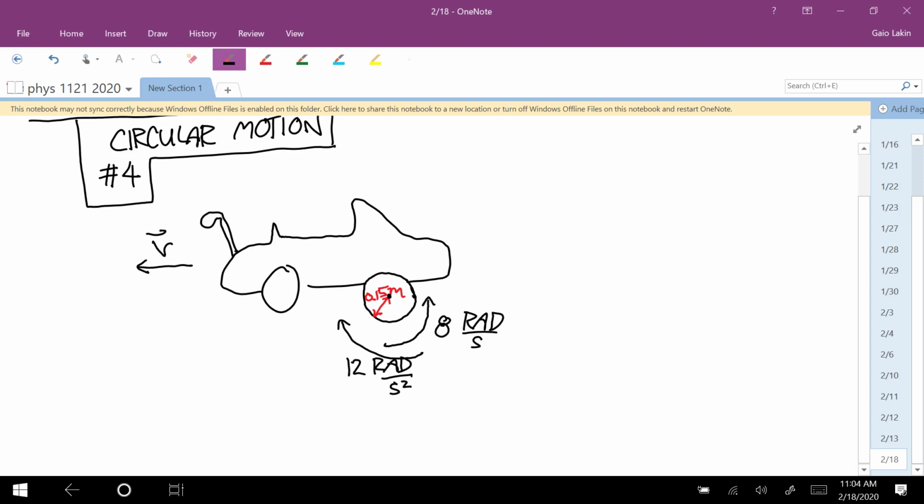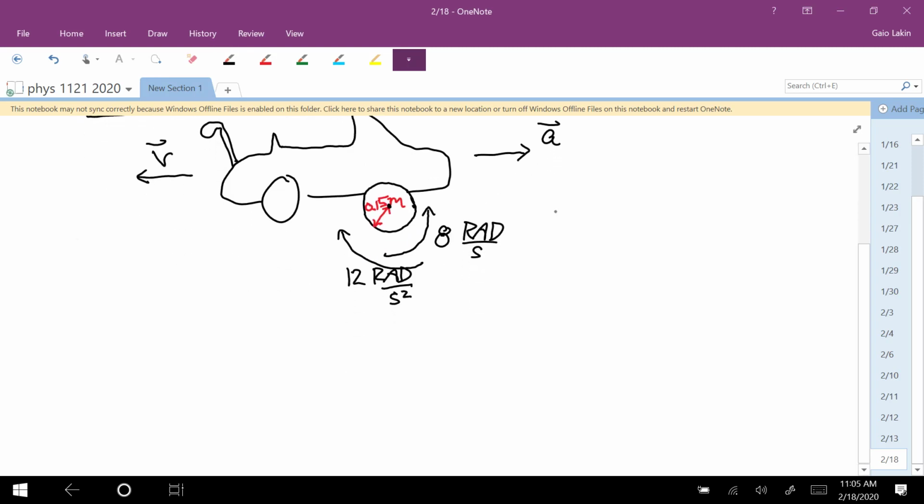And if you have an angular acceleration clockwise, that means the acceleration has to be that way. Is it speeding up or slowing down? It's slowing down because the angular velocity and angular acceleration are in opposite directions.